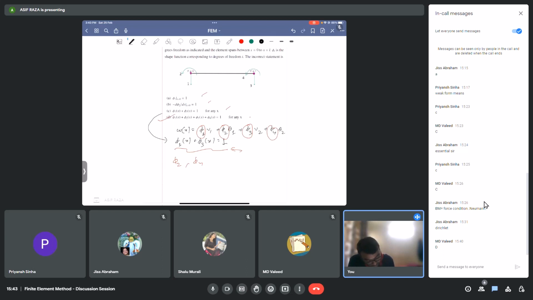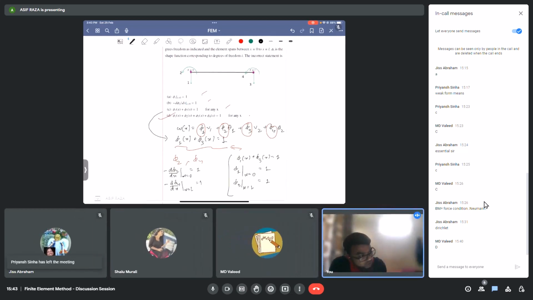The answer would be, if you see, equation C is phi 1(x) plus phi 3(x) equal to 1, and option A says phi 1 at x equal to 0 is 1, and we also know that phi 3 at x equal to L is 1, right? Now option B gives d phi 2 by dx at x equal to 0 is 1. Similarly we'll have d phi 4 by dx at x equal to L equal to 1.